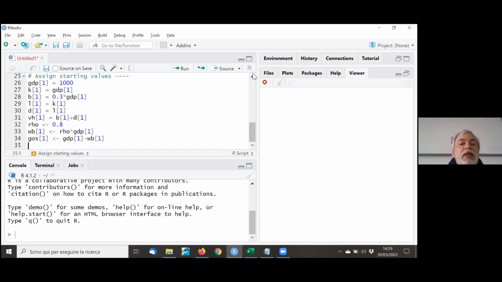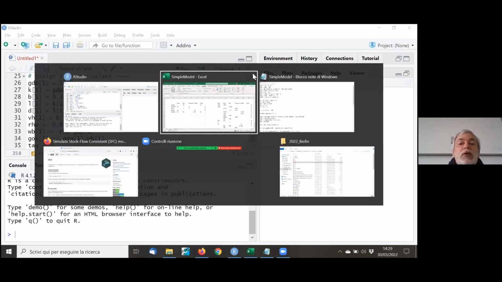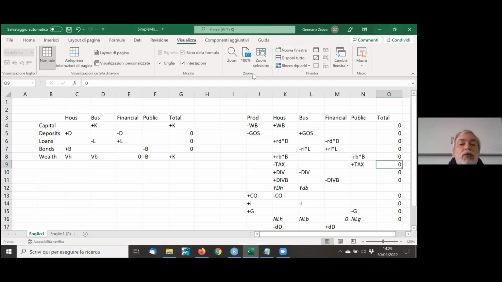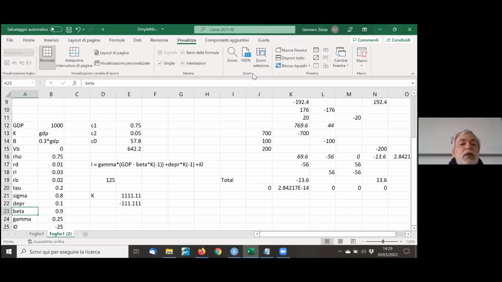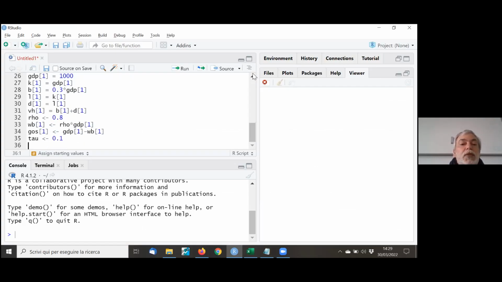So we had taxes, and we need a parameter that we call tau. And we put tau equal to what, 20%? Yes, 20%. So the tax is equal to tau times GDP.